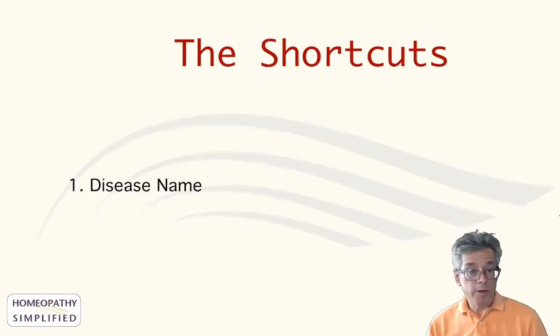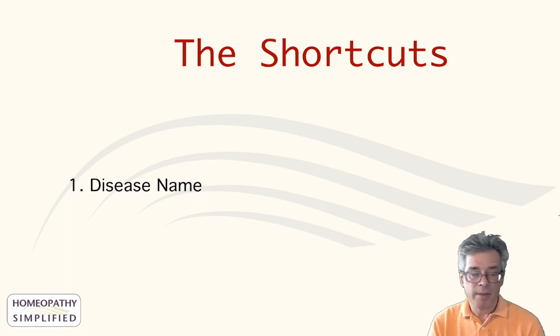So in homeopathy, we've developed shortcuts, and of course, certain remedies are known for their disease name. So arnica is known for its state of shock, whether it's a physical shock or an emotional shock after injury. We know that to be a very strong symptom of arnica, and we would lean on that for sure. Drosera is a remedy known for coughs.